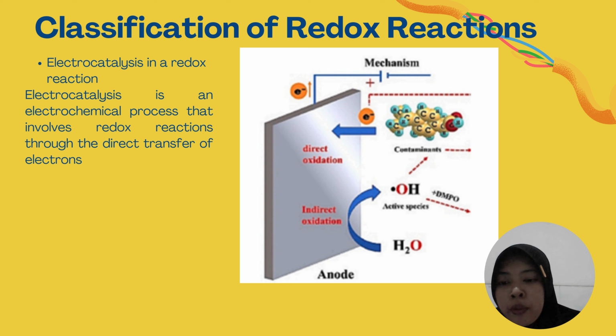Electrocatalysis is classified into two categories based on the material used in the electrode to generate radicals: direct electrocatalysis and indirect electrocatalysis, such as in the picture in this slide.